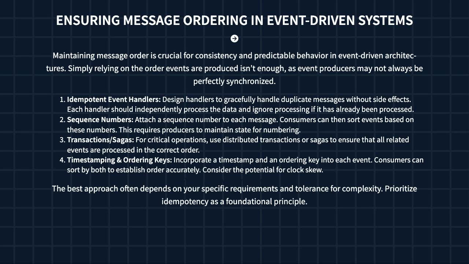Another option is to add sequence numbers to each event, letting consumers sort them based on those numbers. For more critical operations requiring strict ordering, you might consider using distributed transactions or sagas, or even incorporating timestamps and an ordering key into the events themselves. The right choice depends on your specific needs, but always keep idempotency at the forefront.